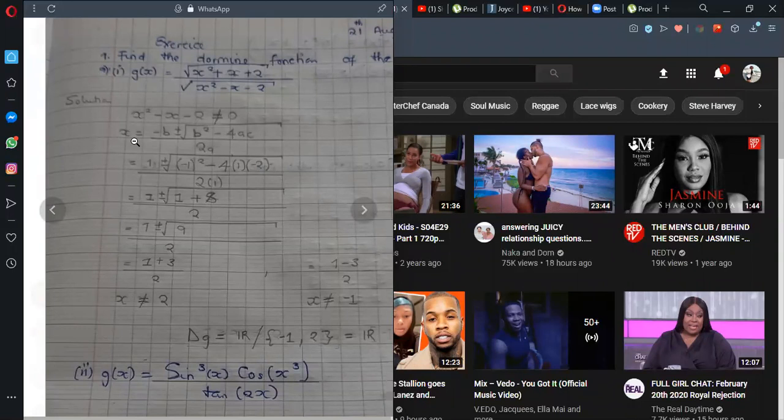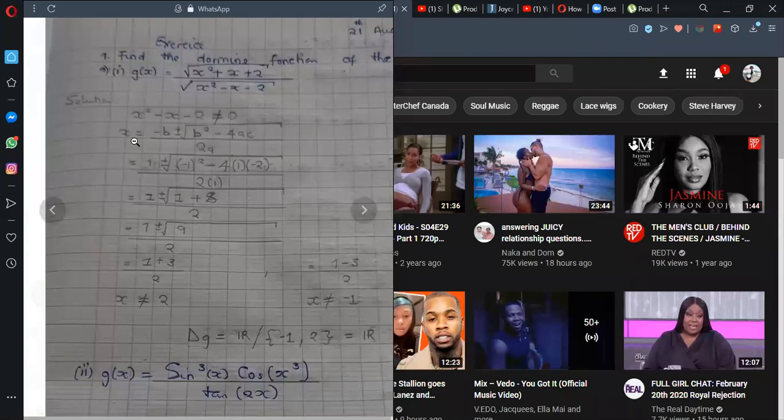It shouldn't be equal to 0, because if it's equal to 0, your entire thing is going to be wrong. So the person found the values of x. The first value of x was 2, which is correct. The second value is supposed to be 1. And from here, the only thing missing is a table.